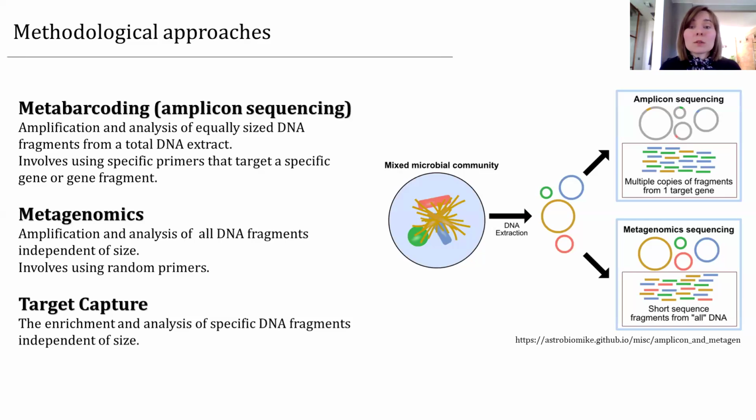Metagenomics, in contrast to metabarcoding, is amplification and analysis of all DNA fragments. In this regard, you can amplify and analyze all the DNA that you have in the sample. For target capture, you can also target a specific group of organisms, but in this case, you can analyze DNA fragments independent of the size.